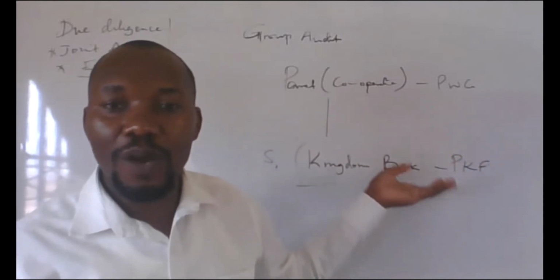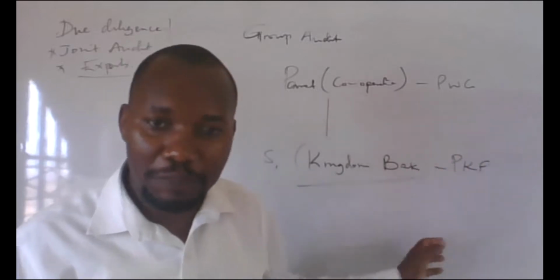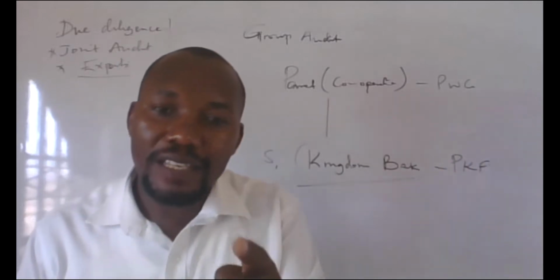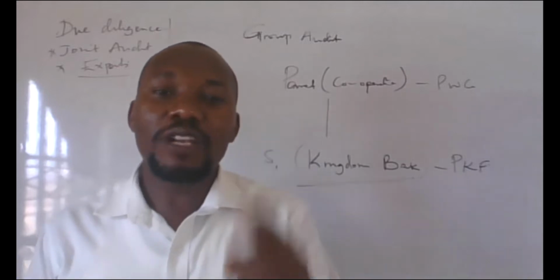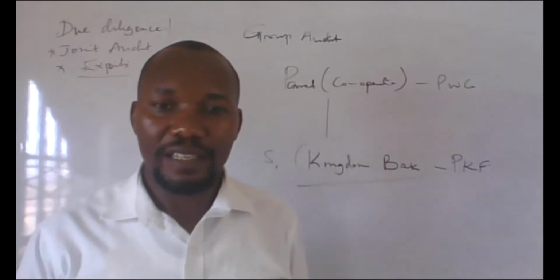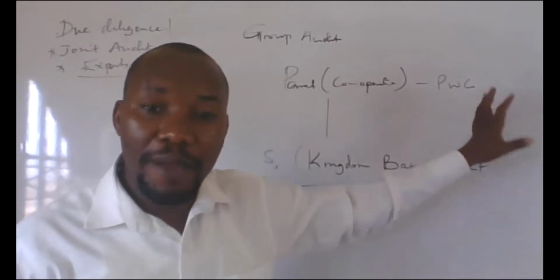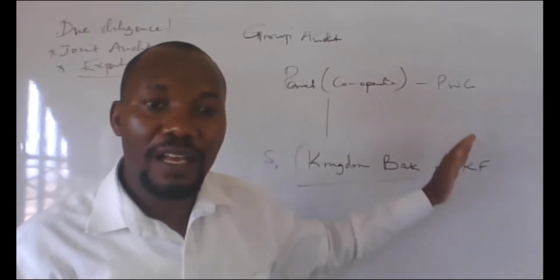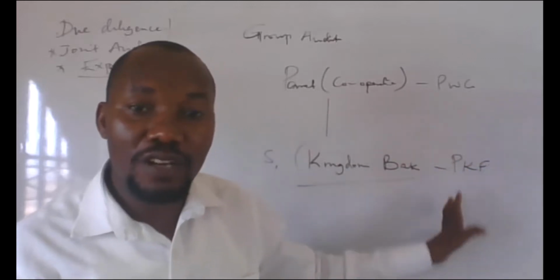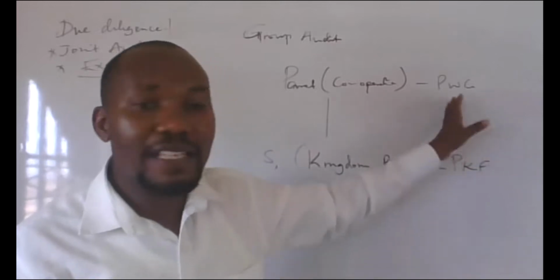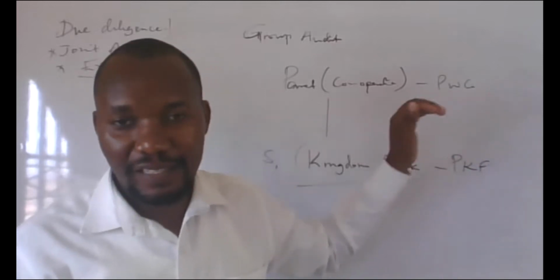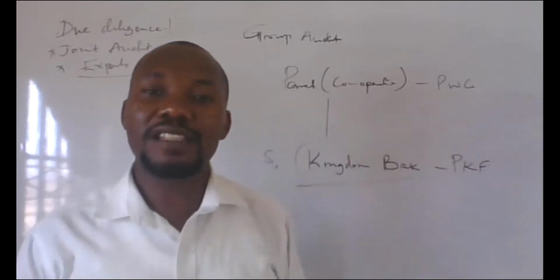So it is joint audit where one was existing, another one joined them. Advantages, number one, there will be share of responsibility. So in case of any mess that has gone on, there's something that has gone wrong, these guys can actually share the risks. So there will be sharing of risk, that is number one.